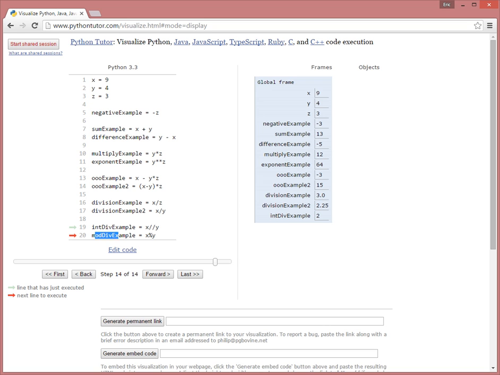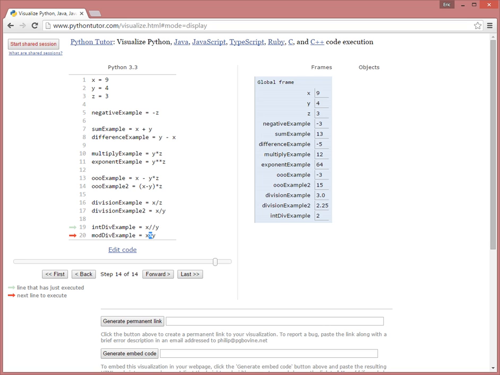If you want the remainder, that's also possible. What you do is you go x and use the percent sign y. By the way, the division sign is underneath the question mark next to your right shift. The percent sign is above your 5. This is modular arithmetic, which means you take x, you divide it by y, and you ignore the quotient, and you take the remainder.